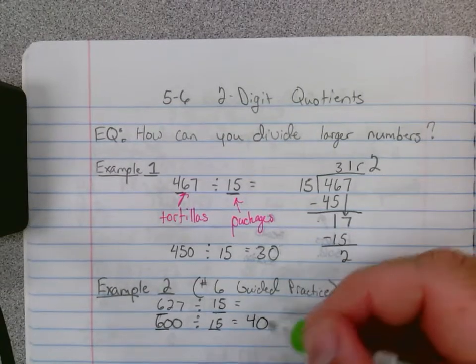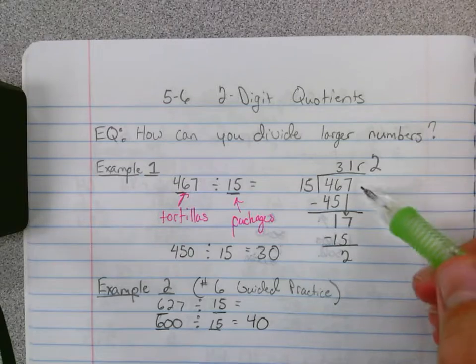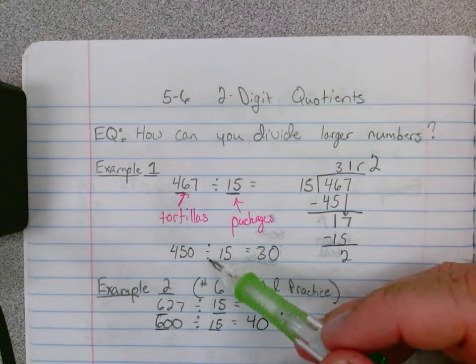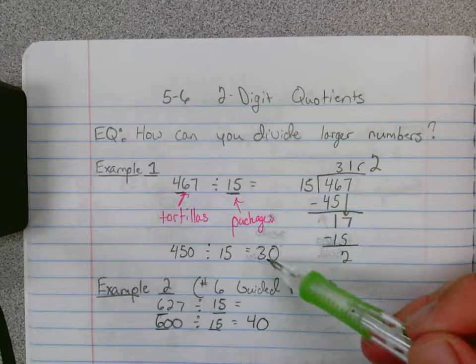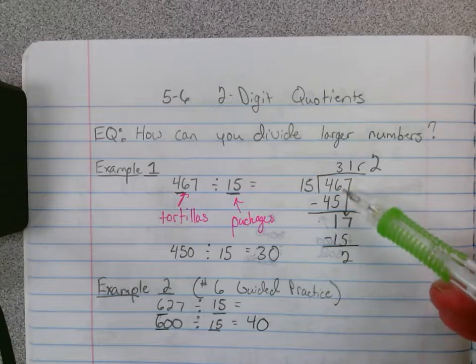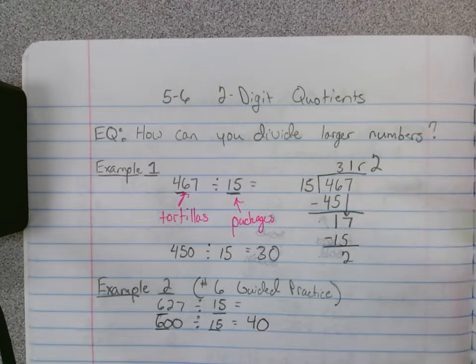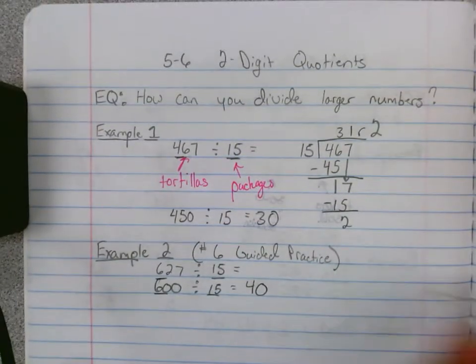So I can assume that 4 is going to be in the tens place value of my quotient. Just like in the example above when we did 450 divided by 15, we ended up with the quotient of 30. We know that 3 would be in the tens place value of our quotient. So the next step is to rewrite this problem in standard algorithm form.